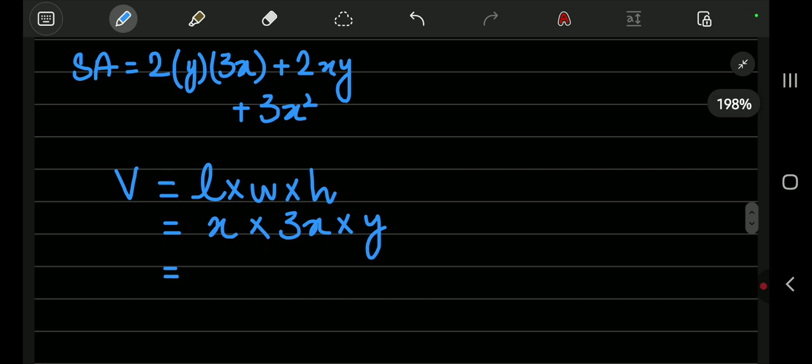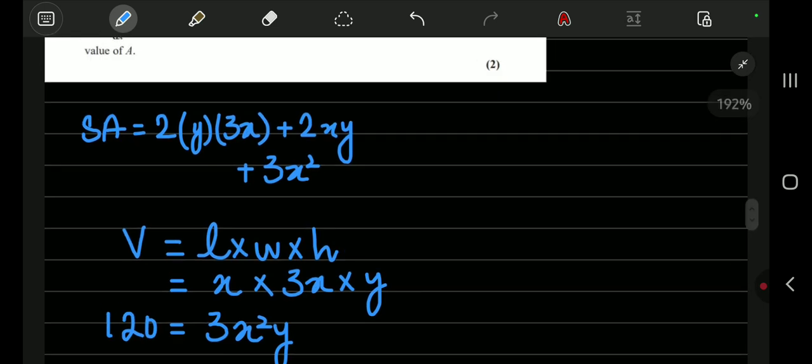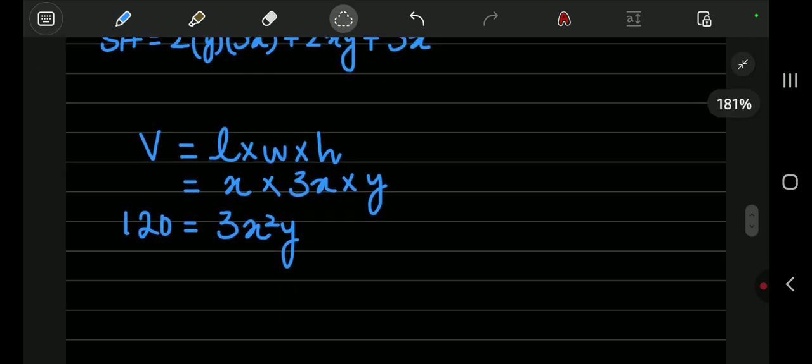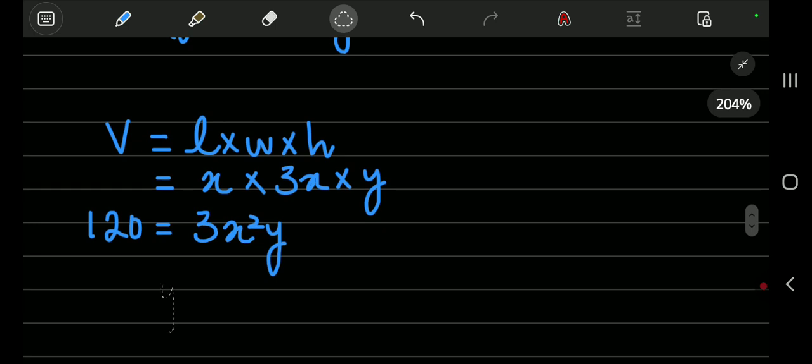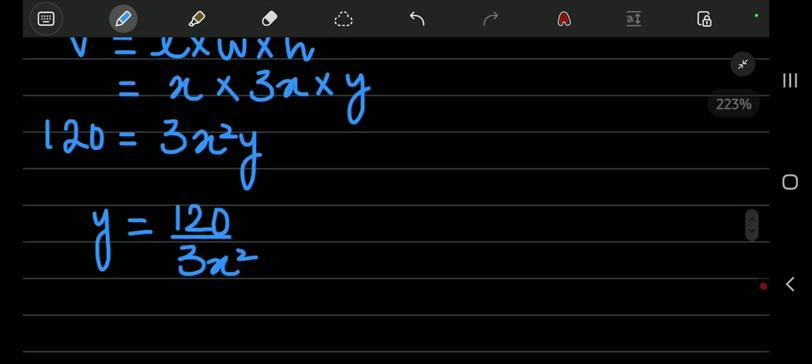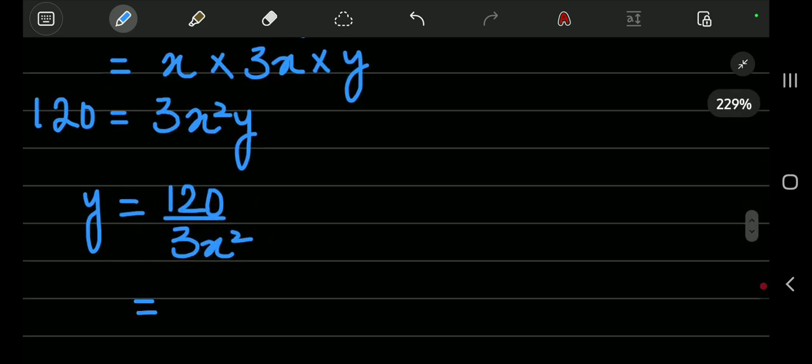So we get 3x²y, and this 3x²y is equal to 120. Thirdly, what will y be equal to? Your y will be equal to 120 over 3x², which means 40 over x².